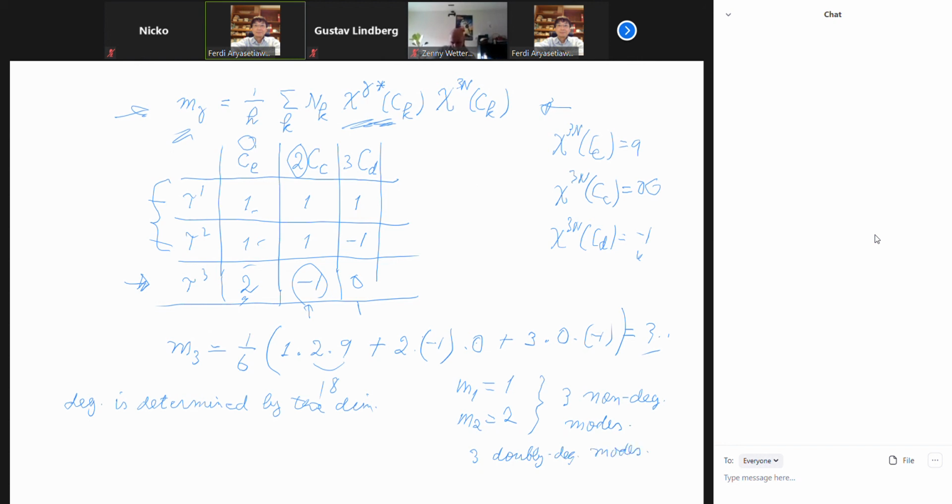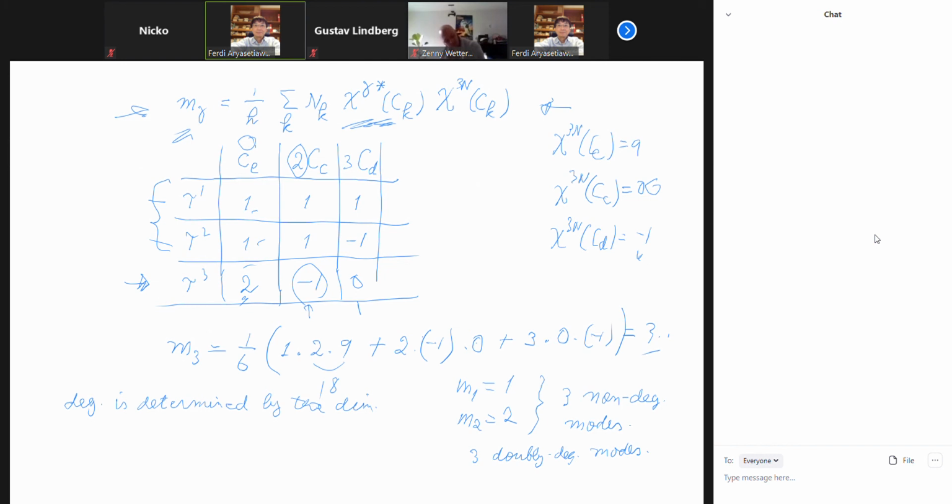So we see that by analyzing the symmetry, we can tell how many modes we have, how many distinct modes we have, how many are degenerate, and what is the size of the degeneracy. Of course, we do not know the frequencies of the vibrations. That we have to compute, and it depends on the molecule, obviously.